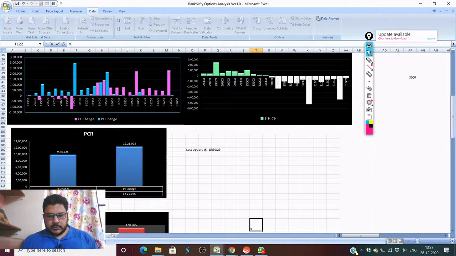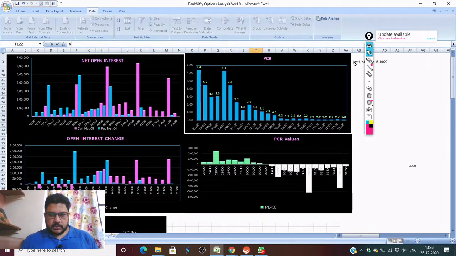If you see the option data for Bank Nifty, this is my own tool which I have created. You can see that the highest open interest is at 31,000, 31,500, then 30,500, then 30,000, then 29,500.